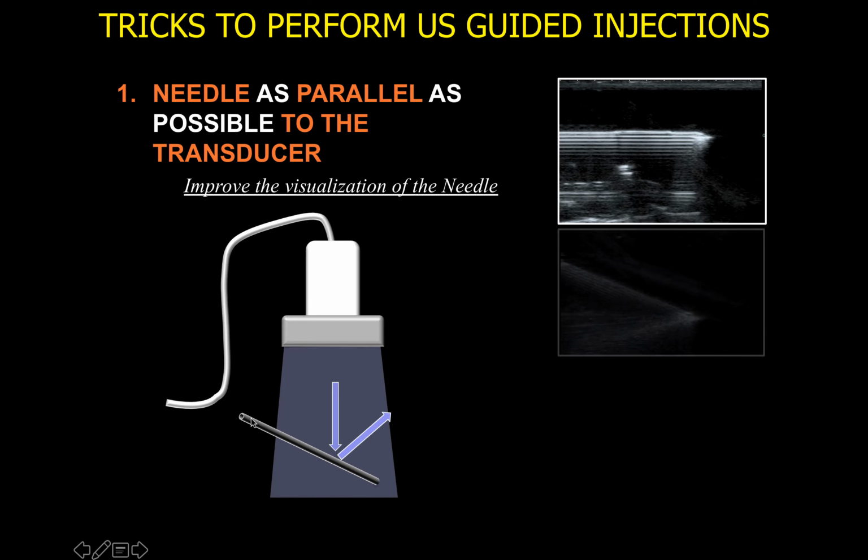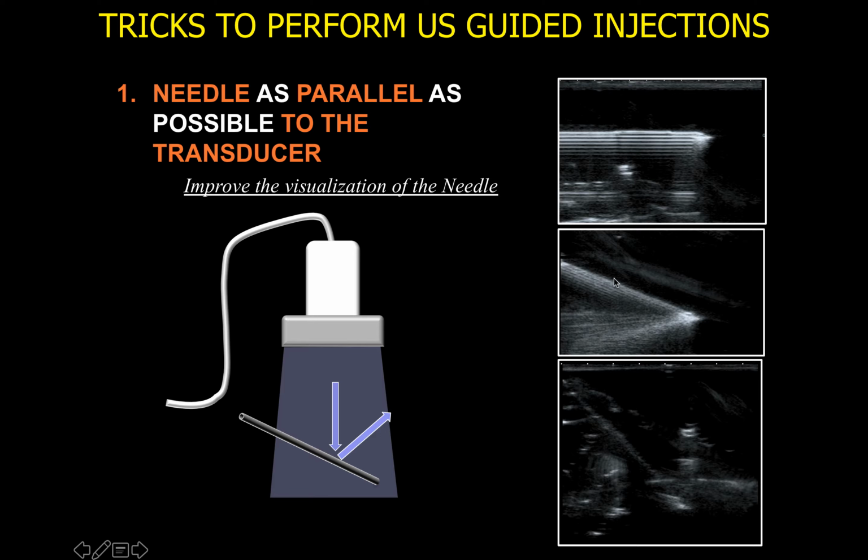But if we go a little bit oblique, we see here at 20 degrees or 40 degrees of obliquity, the same needle as this one is not so well seen in this direction, and is not very easy to control with an obliquity of more than 45 degrees.